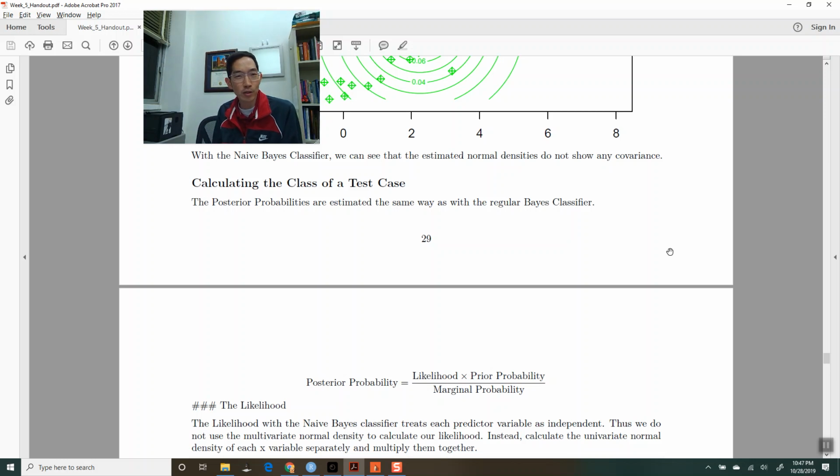A neat application is that you can use the naive Bayes classifier for document classification. You just treat each word's probability of appearing as independent of other words appearing, which is not the case. We know that when we speak languages, certain words are more likely to appear together than other combinations. But if you look at each word, there are hundreds of thousands of words, and you would have to calculate the covariance of every single word appearing, and there are just way too many, right?